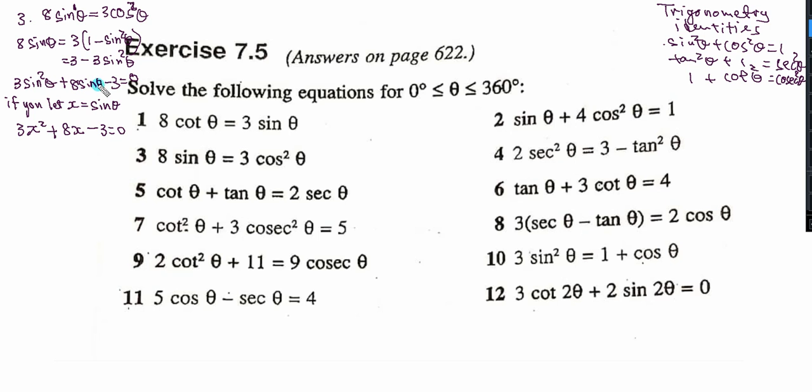Sine theta is x, so 8 sine theta is 8x, and 3 sine squared theta is actually 3x squared. So this actually is a quadratic equation. But actually you do not need to provide this statement. You can straight away go and factorize.